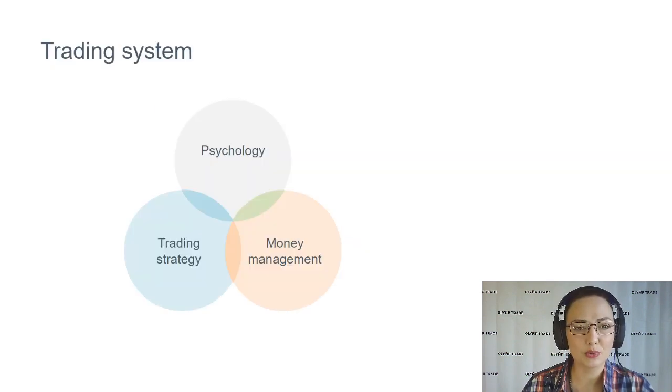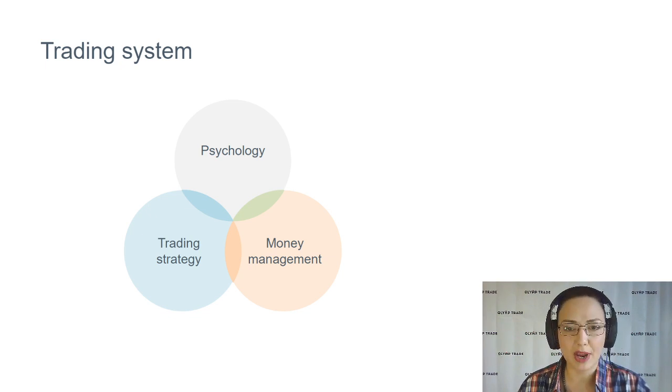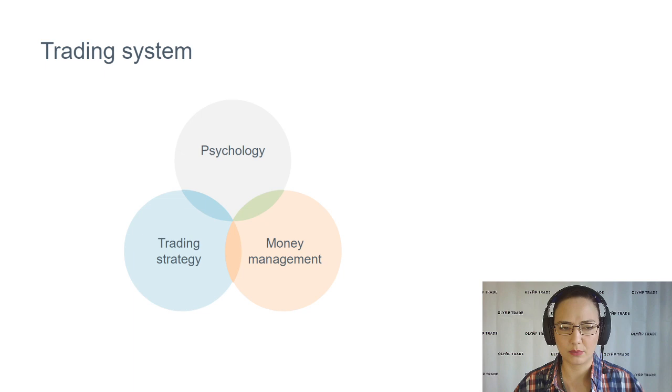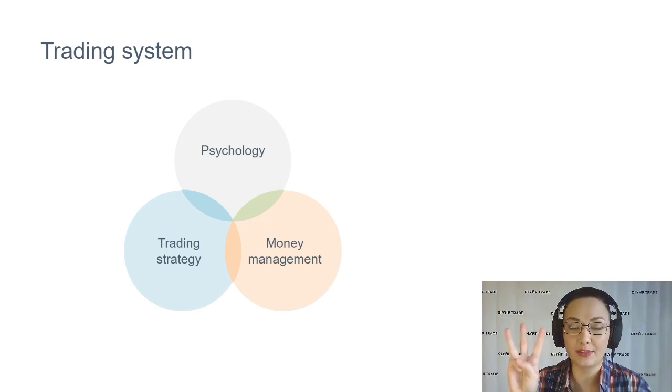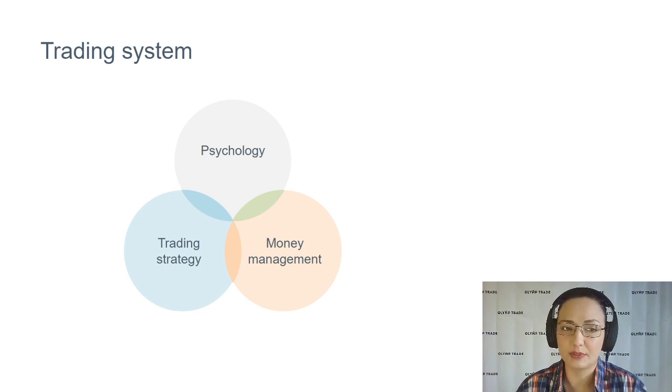So today we are going to speak about exactly what a trading system or trading strategy is, and what you need to pay attention to when you are forming your trading strategy. Our trading strategy or trading system, whichever way you choose to name it, is compiled of 3 things: the trading strategy, money management, and psychology.